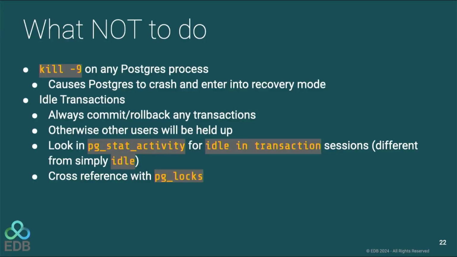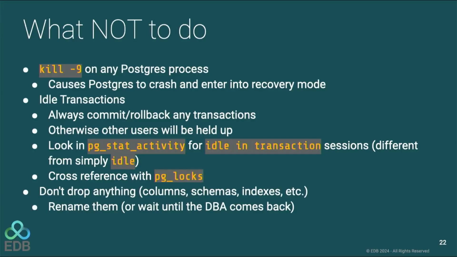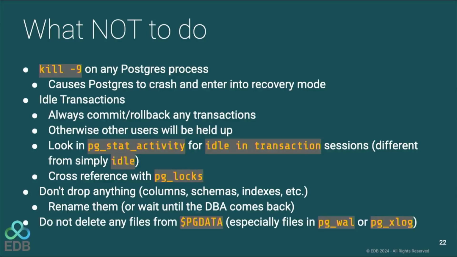So be careful to write your code and include the commit and rollback. And if you aren't a DBA, or if you don't feel comfortable, don't drop anything. You can always rename things. Rename a column, rename a table, and then someone who can help you can remove those properly.